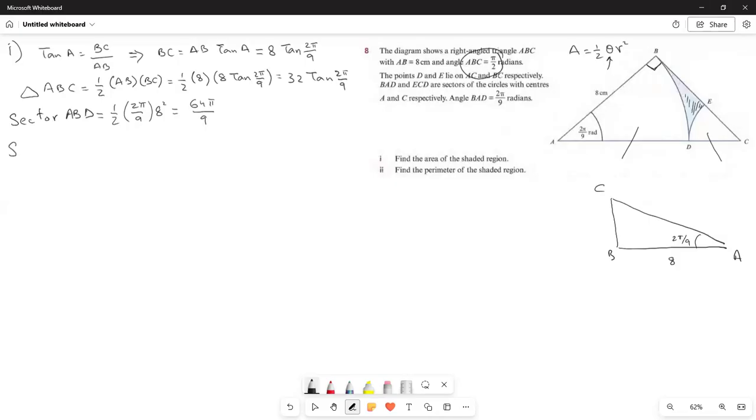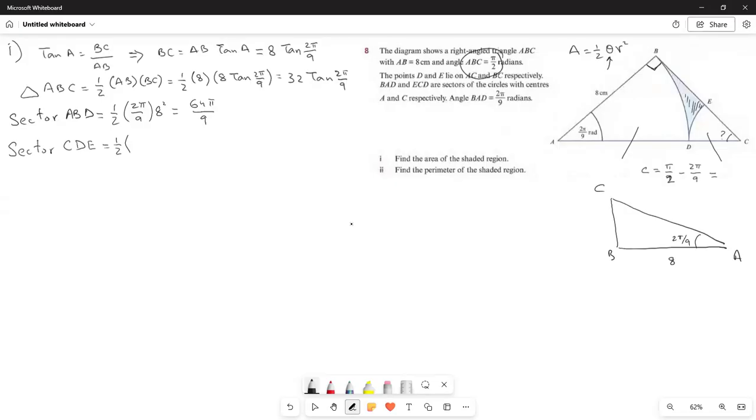Now I need to find the area of the sector CDE. Again half into the angle. Now I need to find the angle C. Okay, how much is this angle? You can see it is equal to pi by 2, meaning 90, minus this angle A, which is 2 pi by 9.